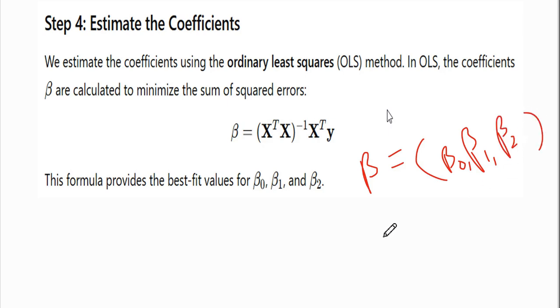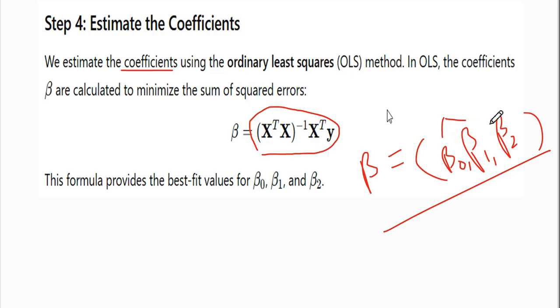Now, the equation for beta we have defined as follows. Here I am using it to estimate the coefficients. To calculate the values of beta naught, beta 1, beta 2, here I am using the method called the ordinary least squares method, OLS method.